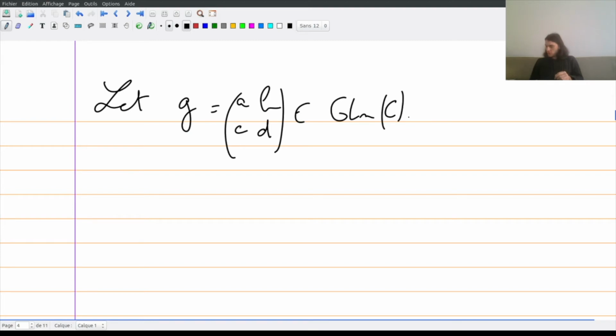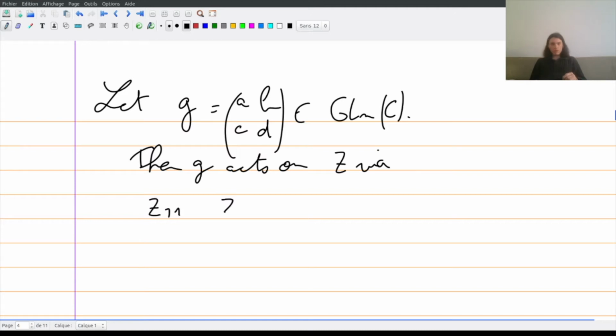Let me take constant matrices. So you may make them act on the fundamental matrices via the following action.